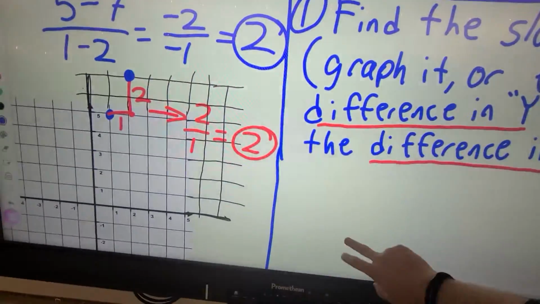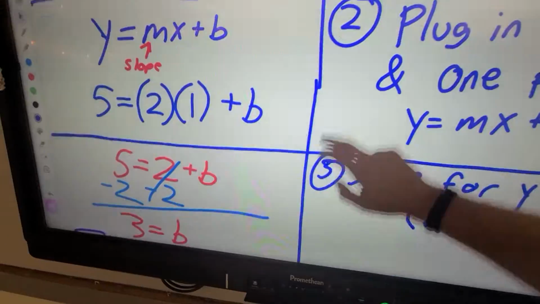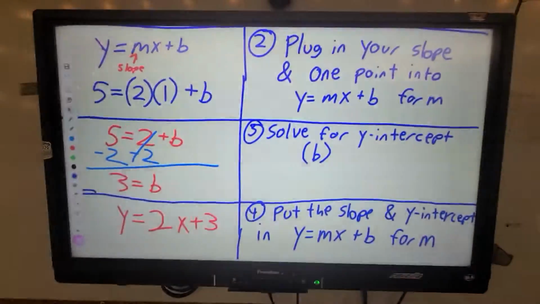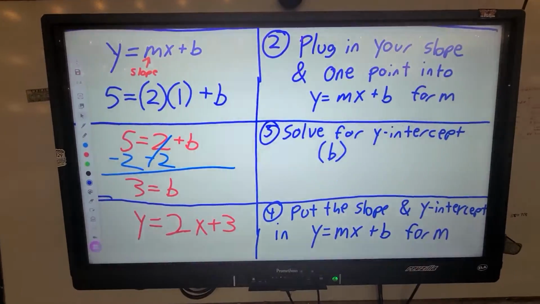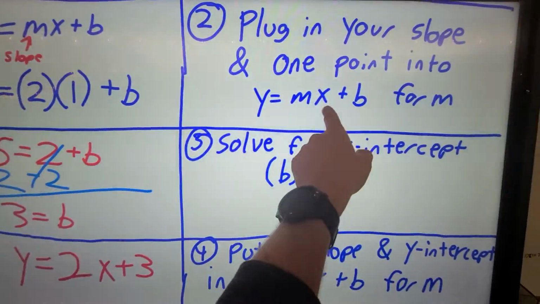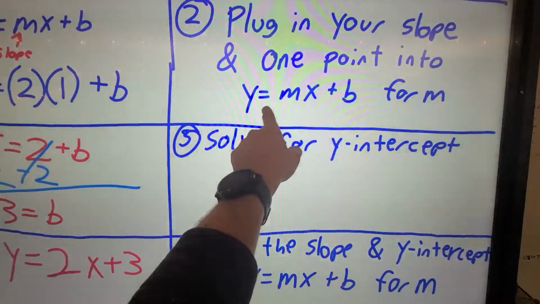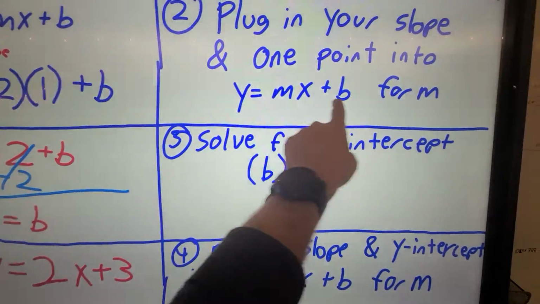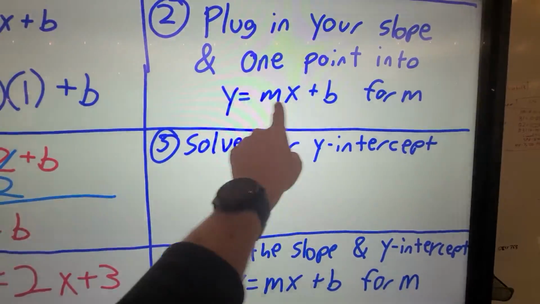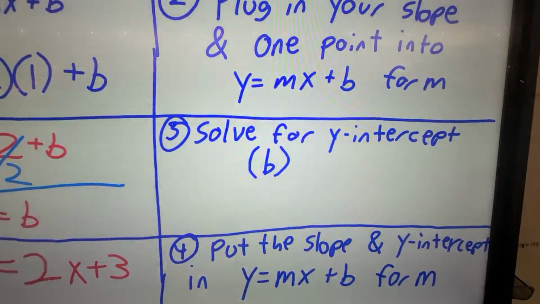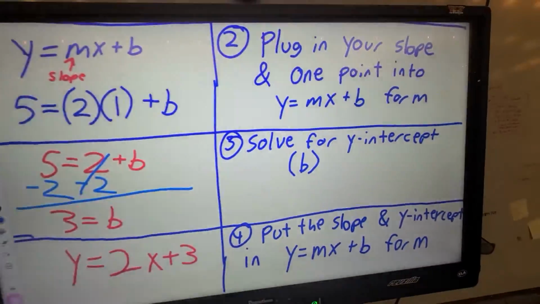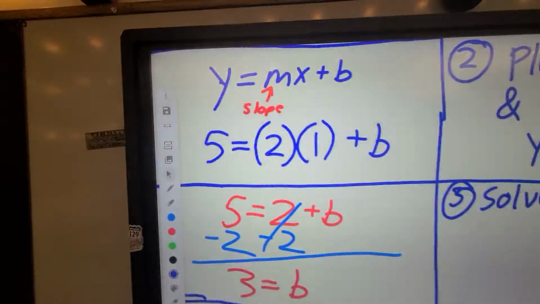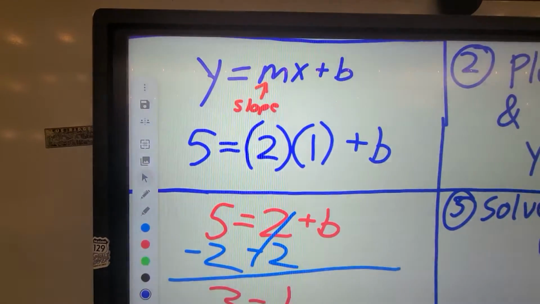After you find the slope, the rest of the problem becomes the same as yesterday's work from November 1st, which is first, you need to plug everything into slope-intercept form, y equals mx plus b, where m is the slope, b is the y-intercept, and the x and y are just an x and y coordinate that we've had. For example, I took this equation, y equals mx plus b.